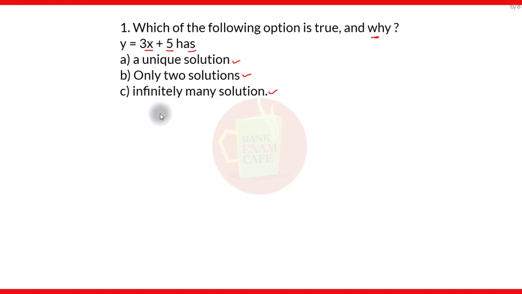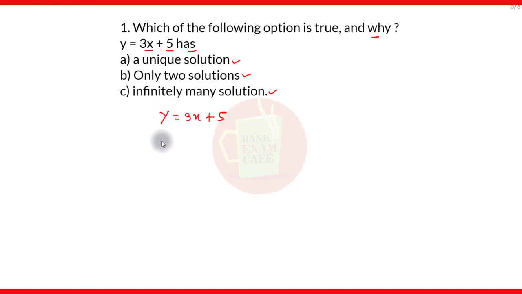First we will write the equation y is equal to 3x plus 5. Now we will assume a value of x, and for that particular value of x, we will find the corresponding value of y.